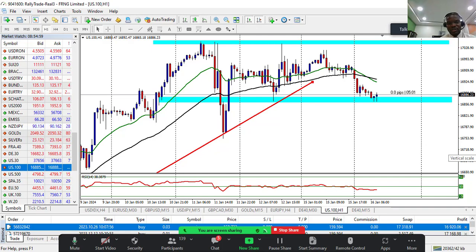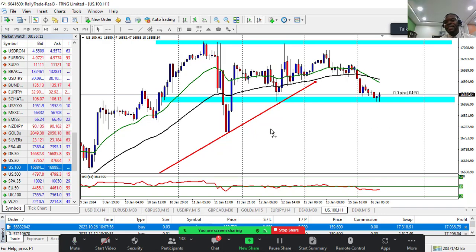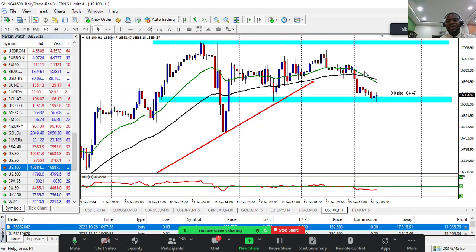I want to believe that after drawing this, it's now becoming clearer to you that we are actually in a range. So what do you do on a range? This is the range we are looking at, something like this.